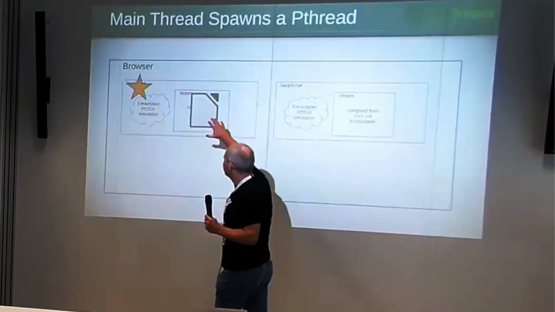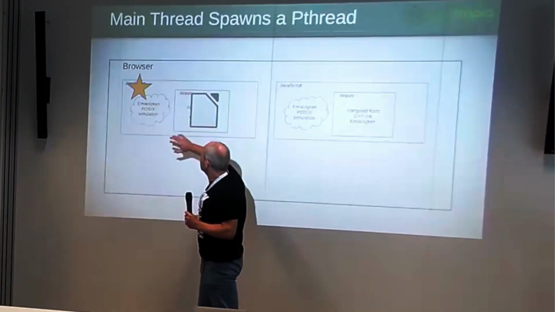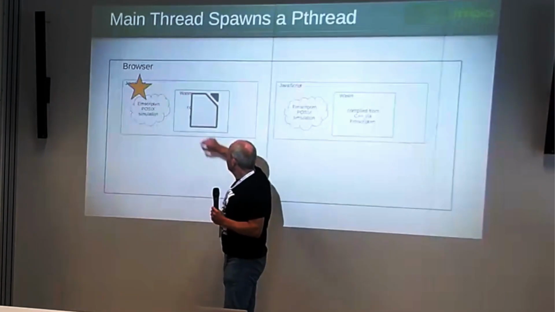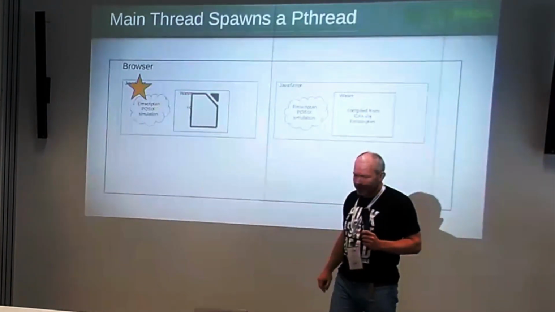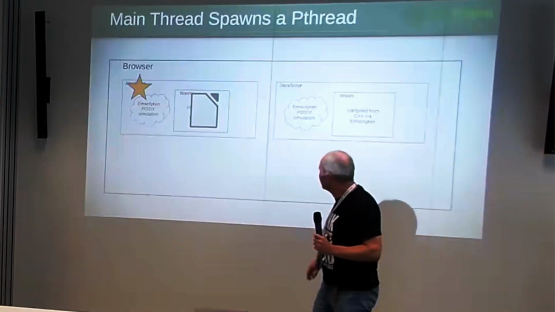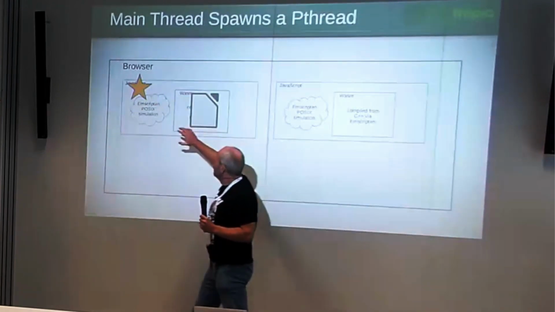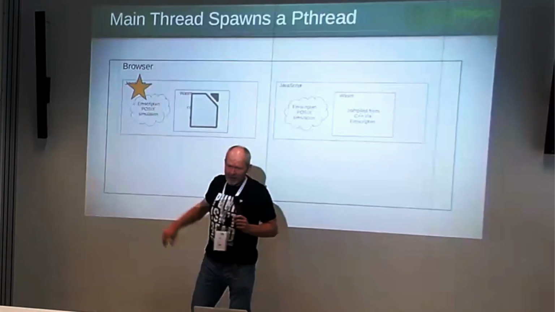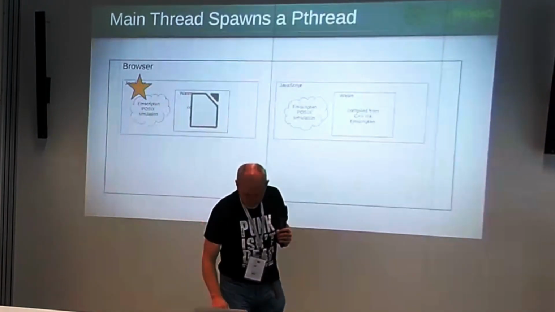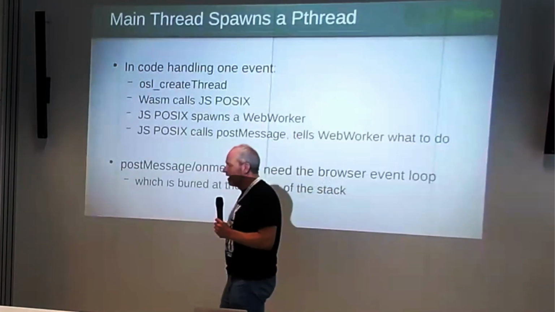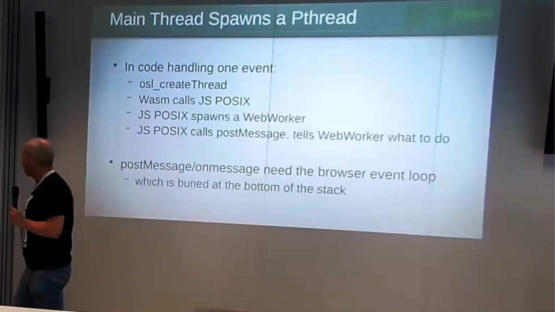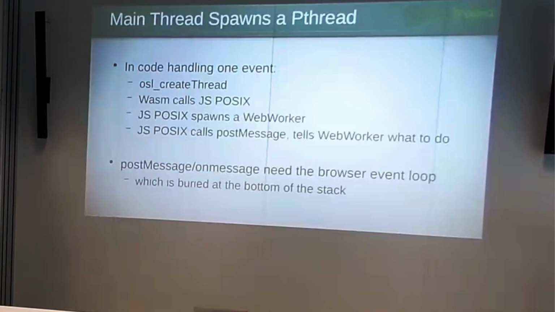We are in the main thread, the browser main thread. We want to create this second thread. To do that, we need this cloudy, fluffy blob of JavaScript code that the Emscripten library brings along. So what that wants to do is, we call pthread create.